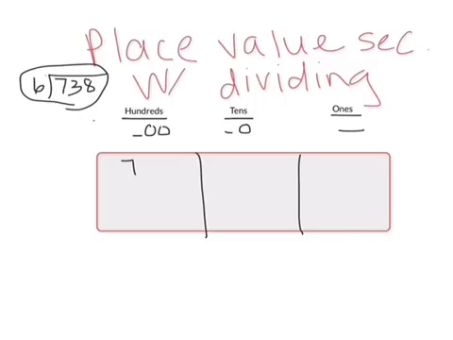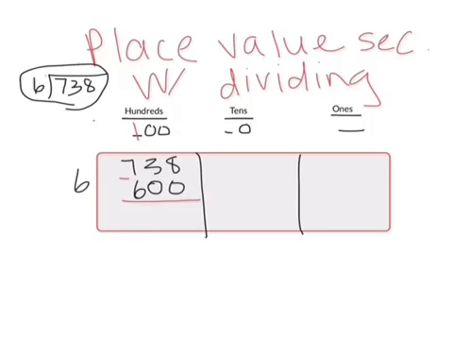So let's try 6 times 100. We know that 6 times 100 is 600. That's not too big, but it's pretty close to 738. So we know that this has to be a 1, and now we can start subtracting, or working backwards.